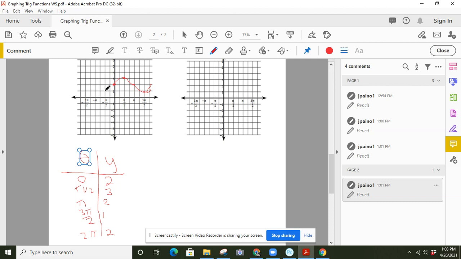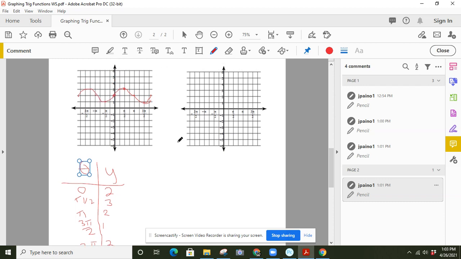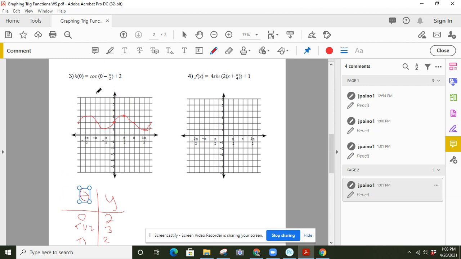And I could continue to go the other direction as well. So there's my graph. Again, my amplitude here is 1. My phase shift is to the right pi halves units. My period is 2 pi, and my vertical shift is up 2.